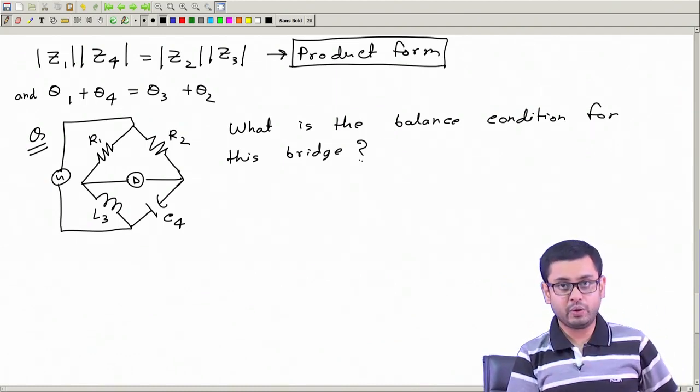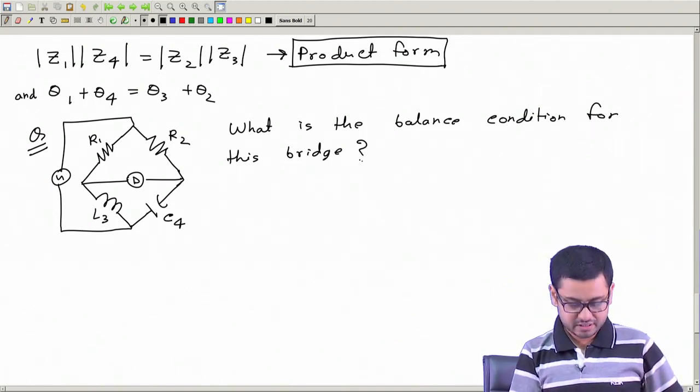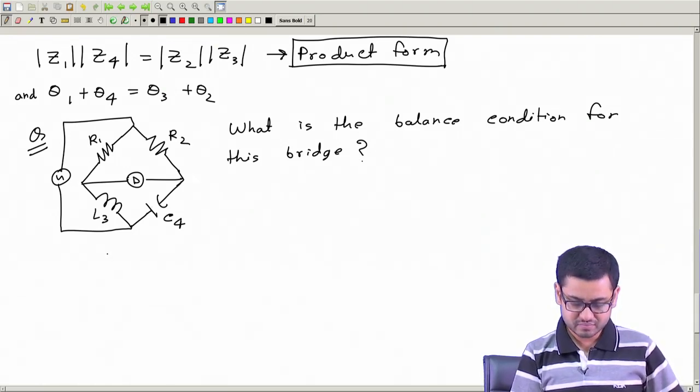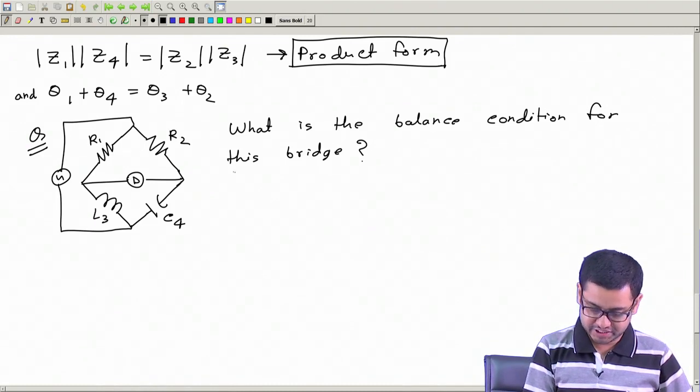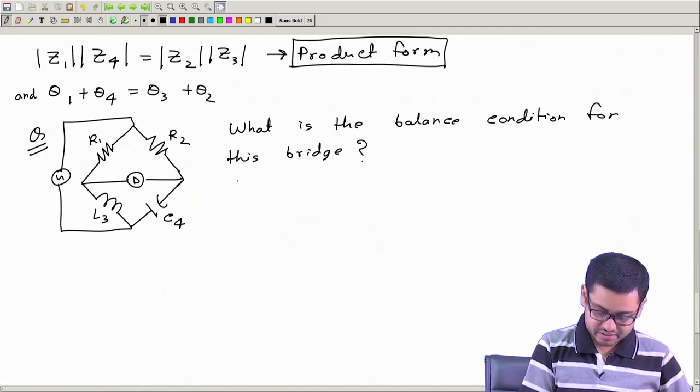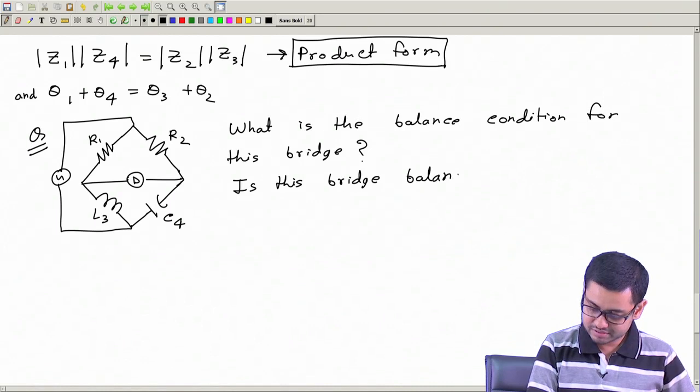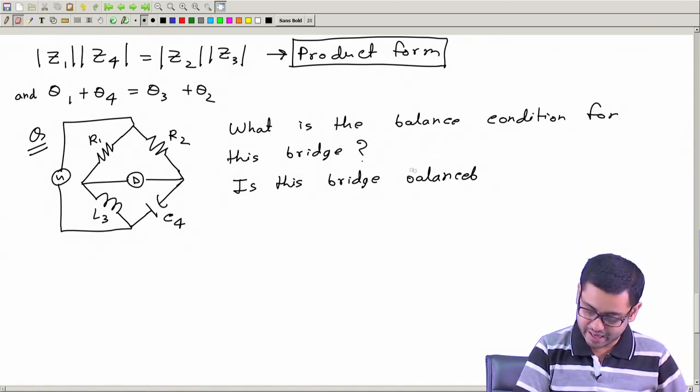You may pause the video at this moment and try to come up with the answer, or I can pose the question in a different way: is this bridge balanceable at all? I mean, can this bridge be balanced?